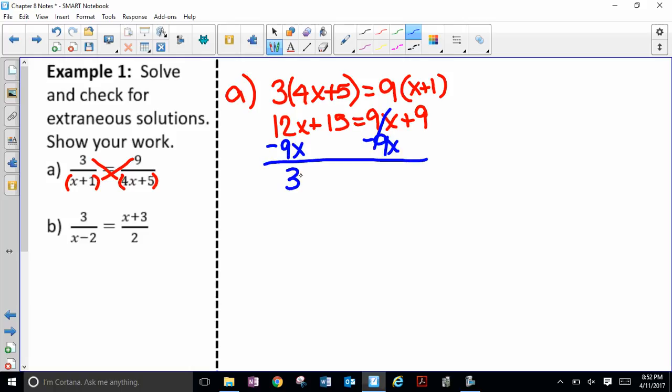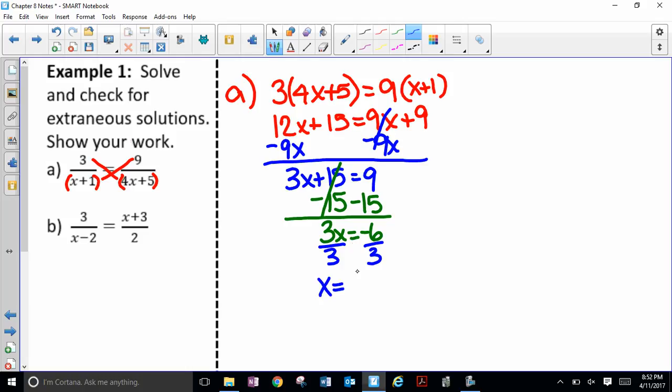So then I get 3x plus 15 equals 9. Then I will subtract 15. So 3x equals negative 6. Divide by 3. So my possible answer is that x equals negative 2.